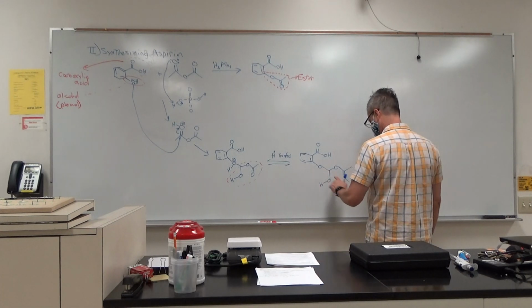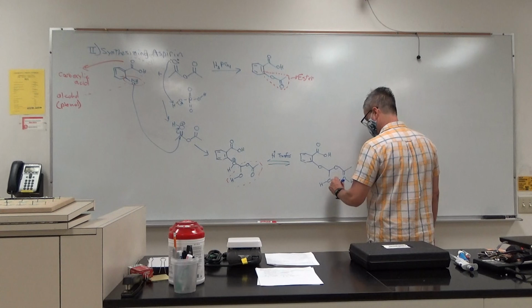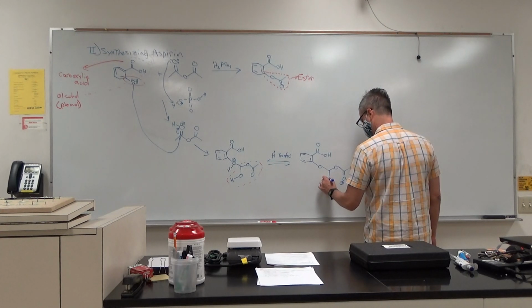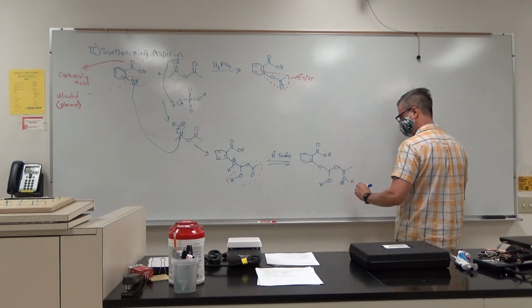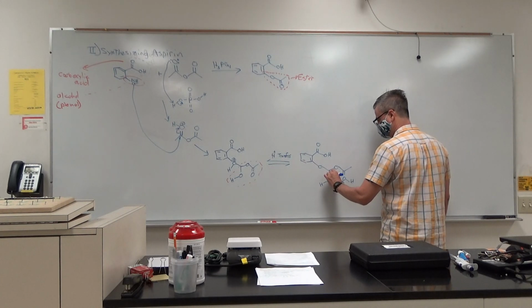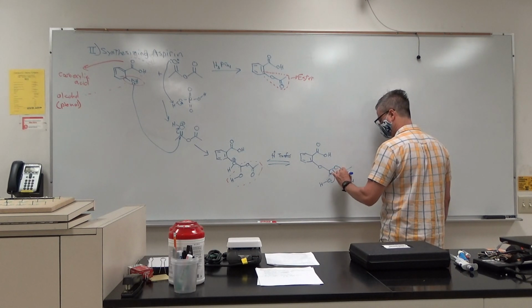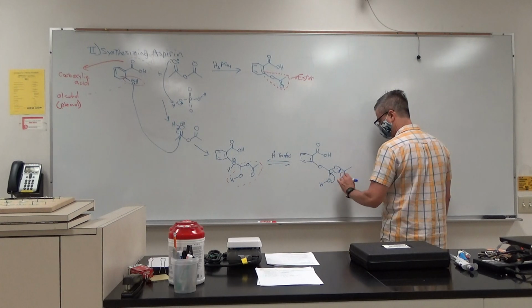Transferred off there and onto there. Okay? All right. So now what happens is this guy comes down here, makes a double bond. These electrons come here, make a double bond, and those electrons go up there.